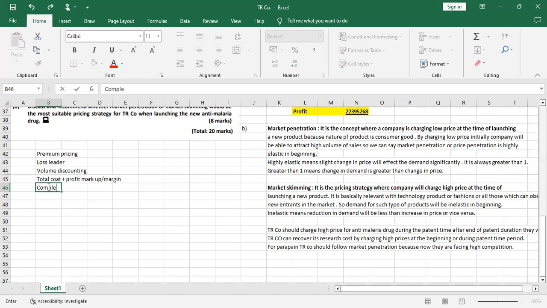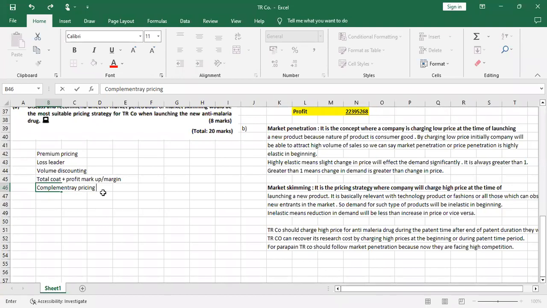Apart from this, we can offer complementary pricing. Complementary pricing is the one where customers are purchasing two products altogether. We are offering a package, a price for two products in one package. Suppose one product is $10 and the other product is separately $18, we say that if you buy two products in one package, we will charge $15.